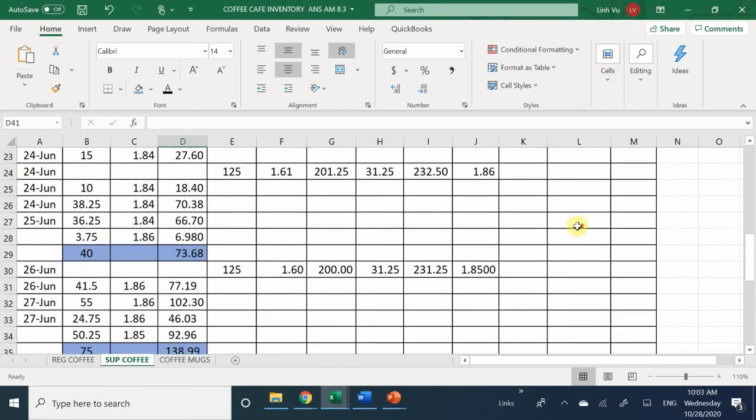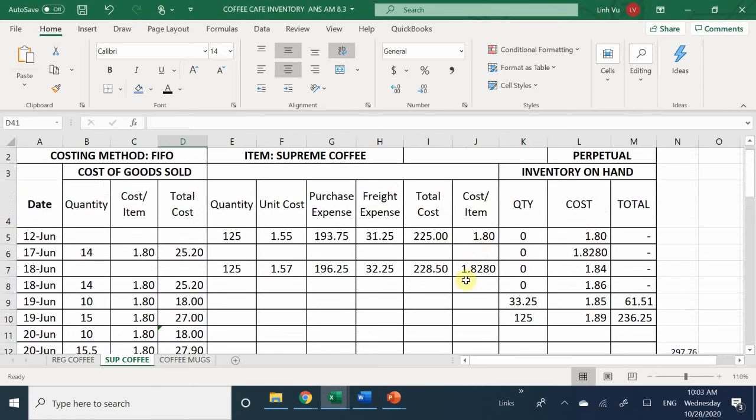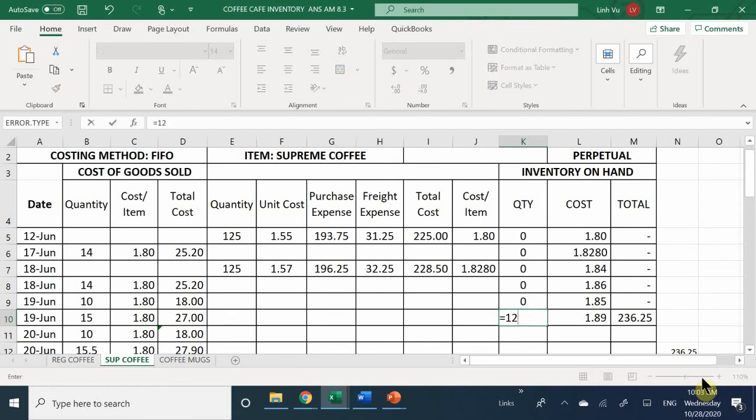Update the inventory. So we zero out the 33.25. And 125 minus 6.75 equals 118.25.